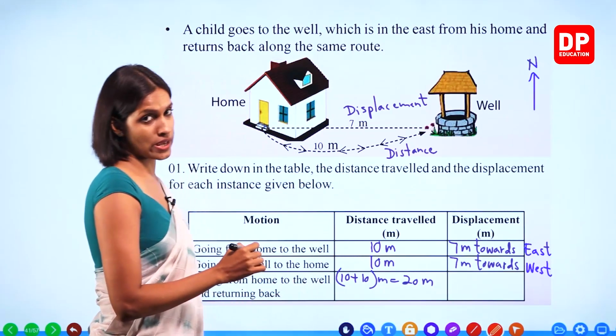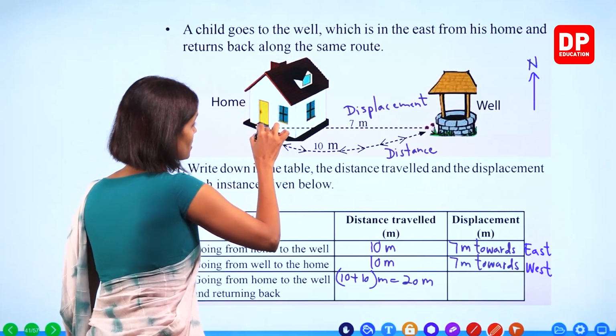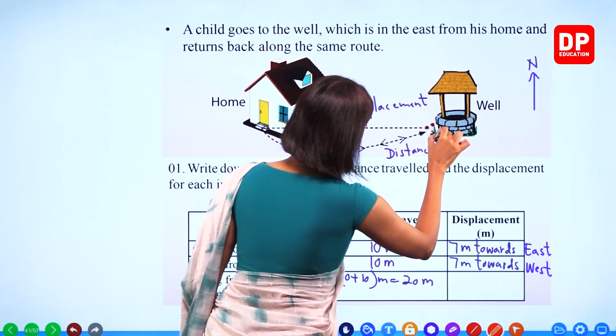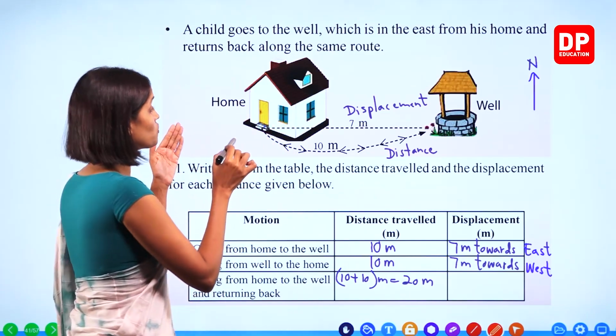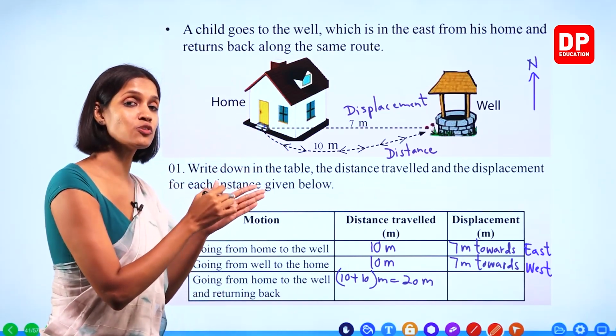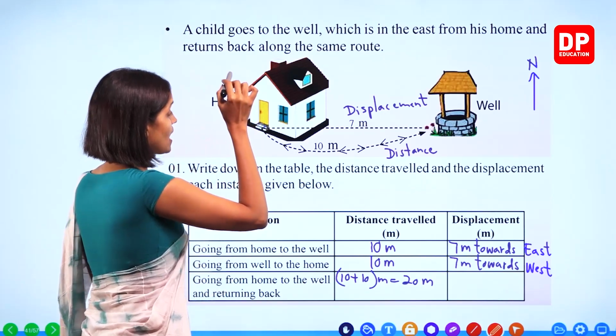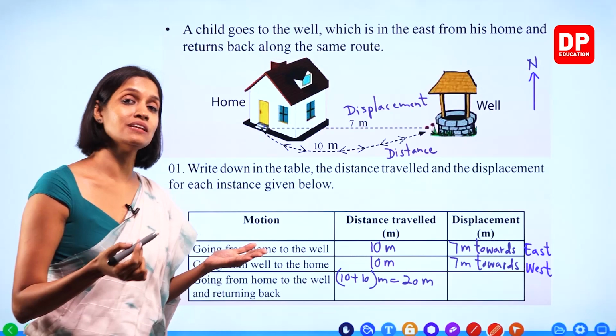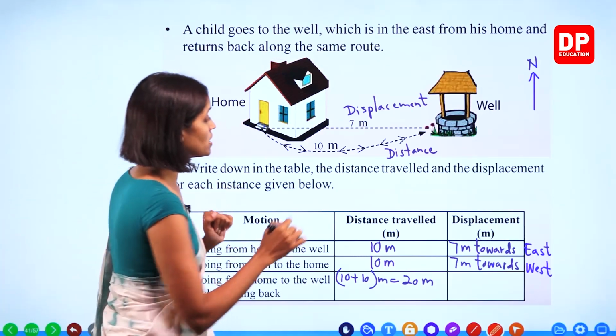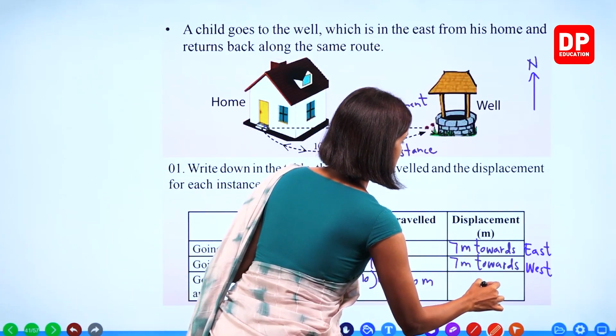What about the displacement? He starts from here, goes to this place, comes back home. So at the end, if you measure the linear length between start and the end, as he stops at the place where he started, is there any linear length? No. Therefore, displacement is 0 this time.